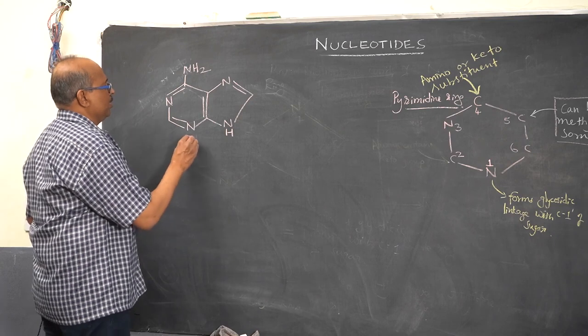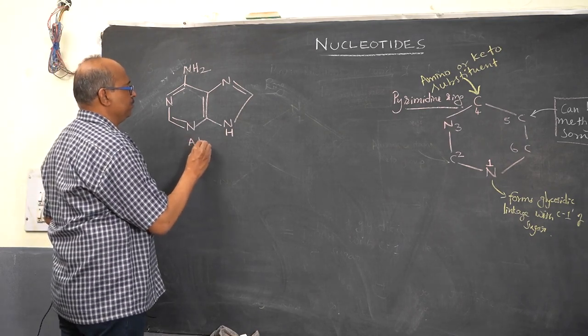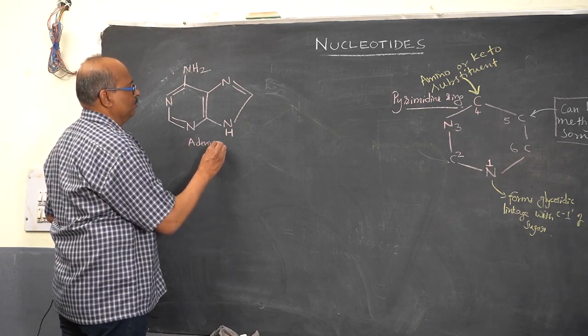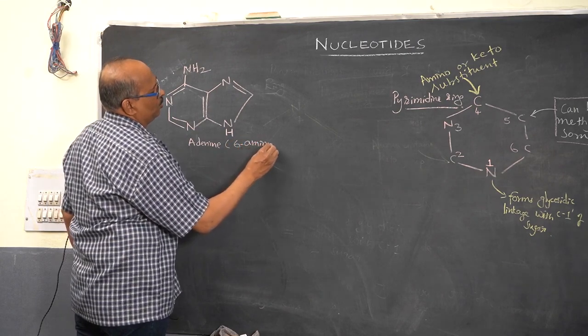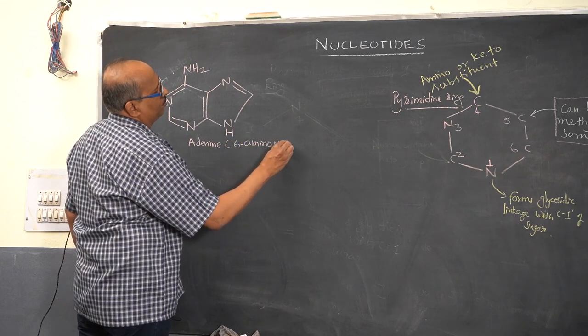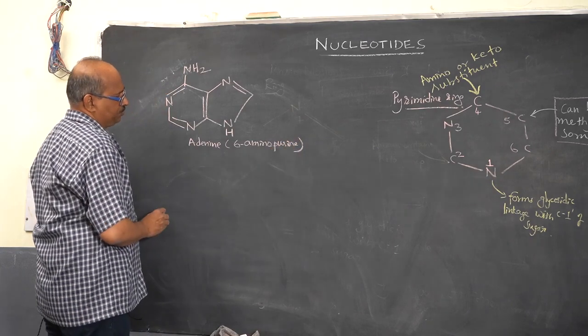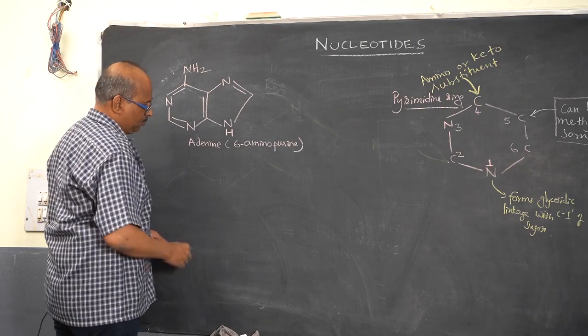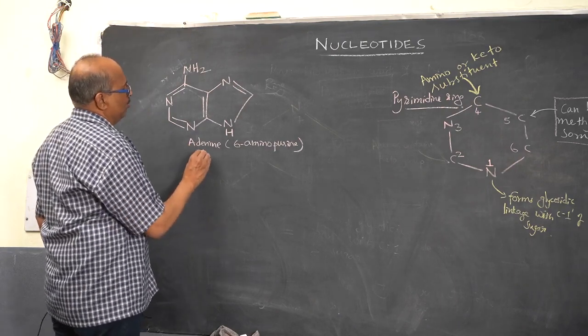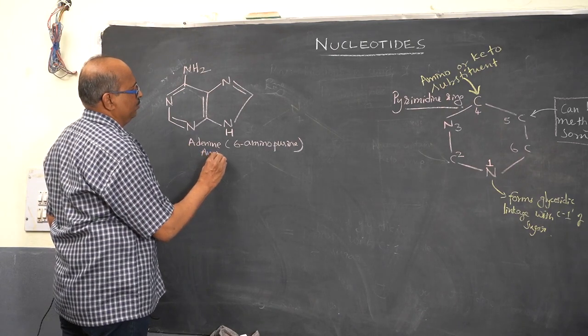So this is adenine, which we call 6-amino purine. So it is an amino base.